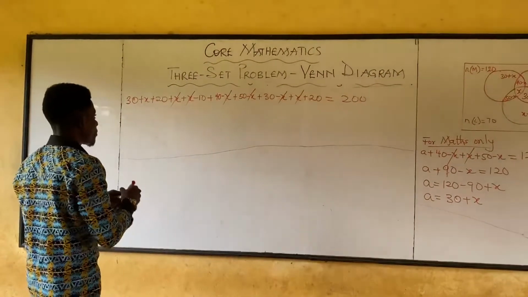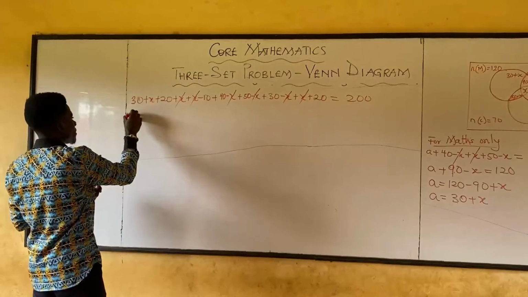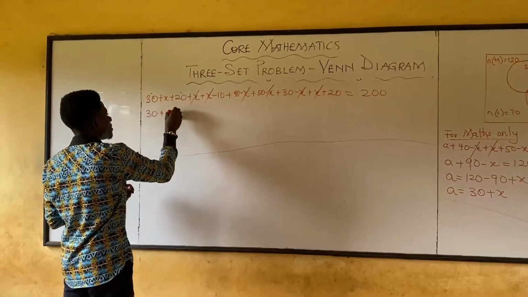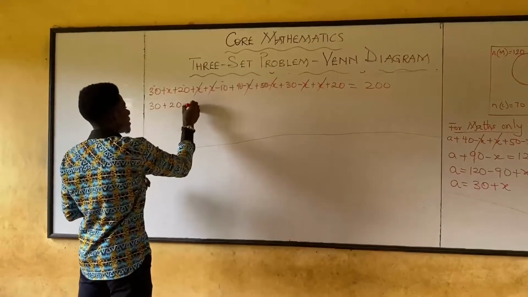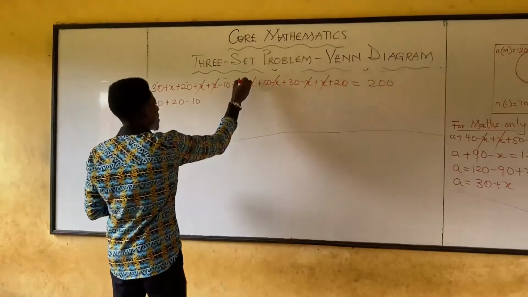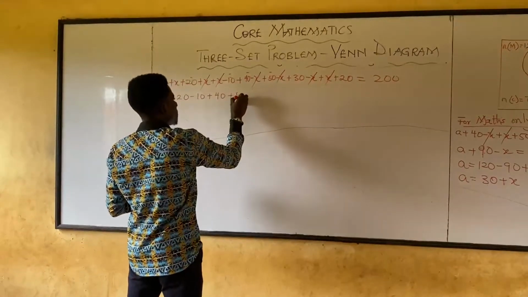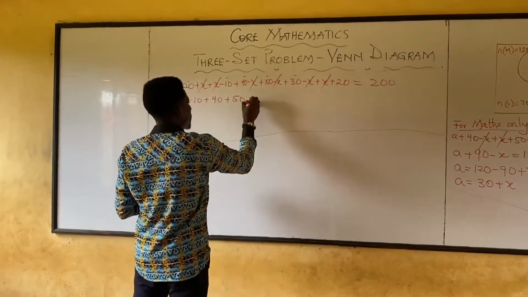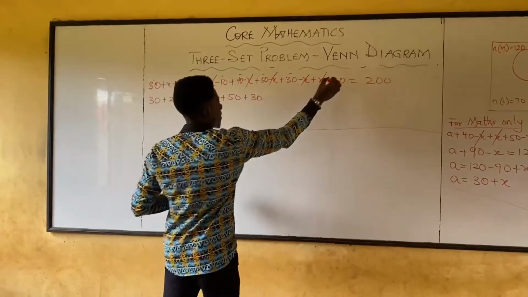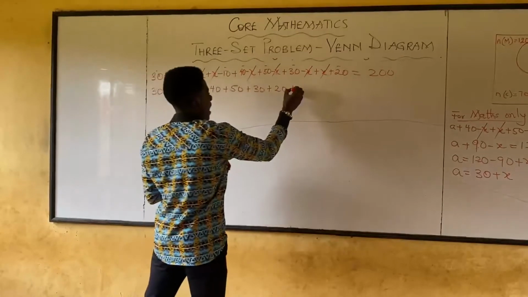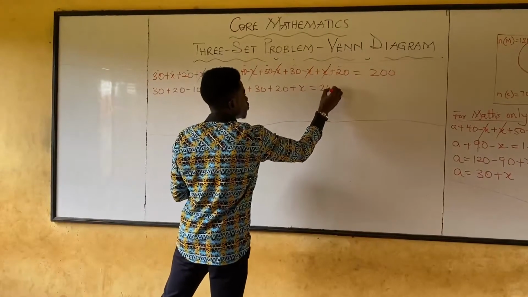So now we are left with 30 plus 20 minus 10 plus 40 plus 50 plus 30 plus 20 plus our x equal to 200.